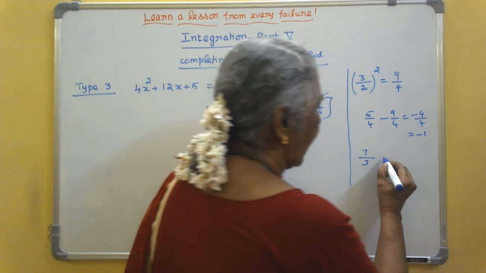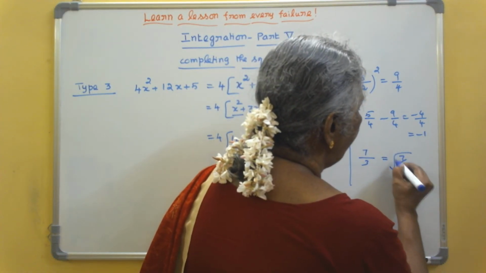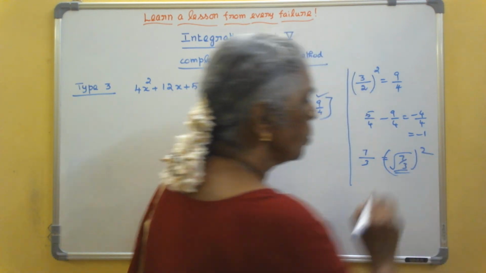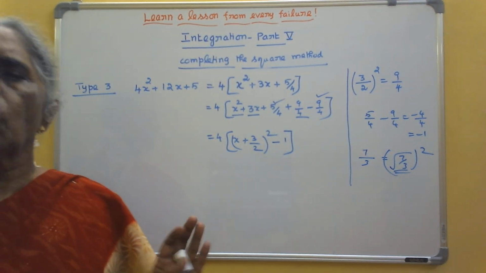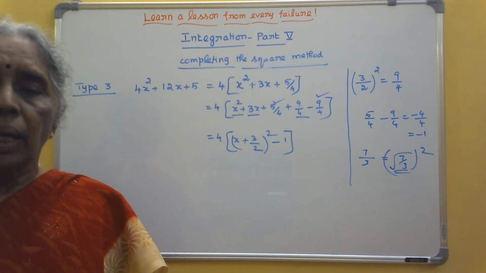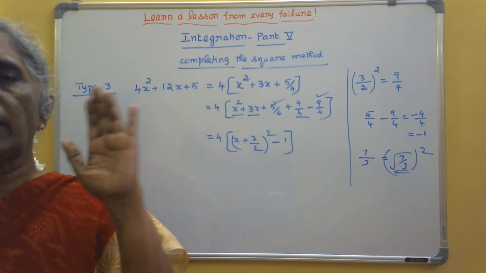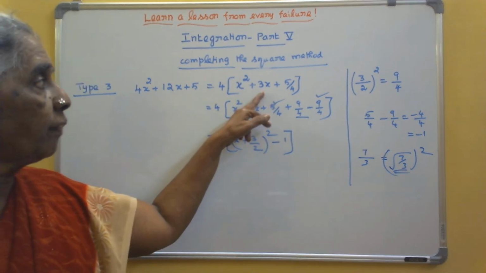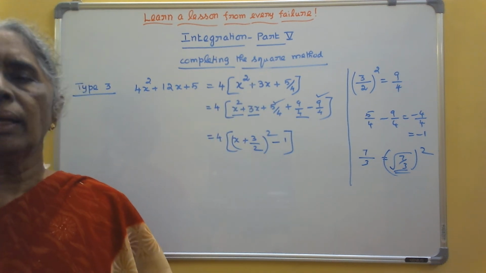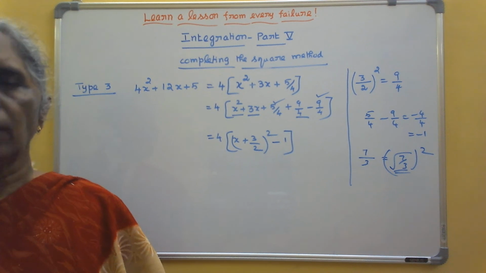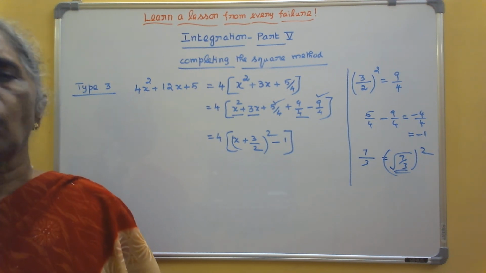You can write that as root of 7 by 3 the whole square. So, in the place of a, you will have root 7 by 3. So, in all the 3 types, you just concentrate on the coefficient of x squared. The coefficient of x can be any fraction. The number term can be any fraction. So, we need not bother about all those things.